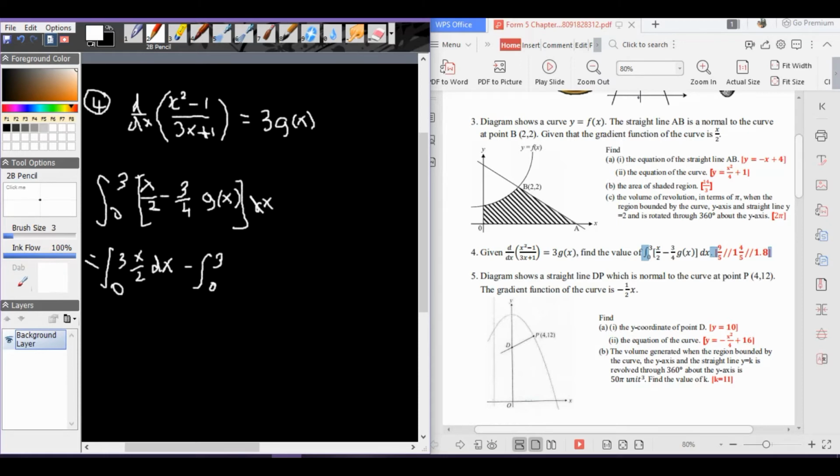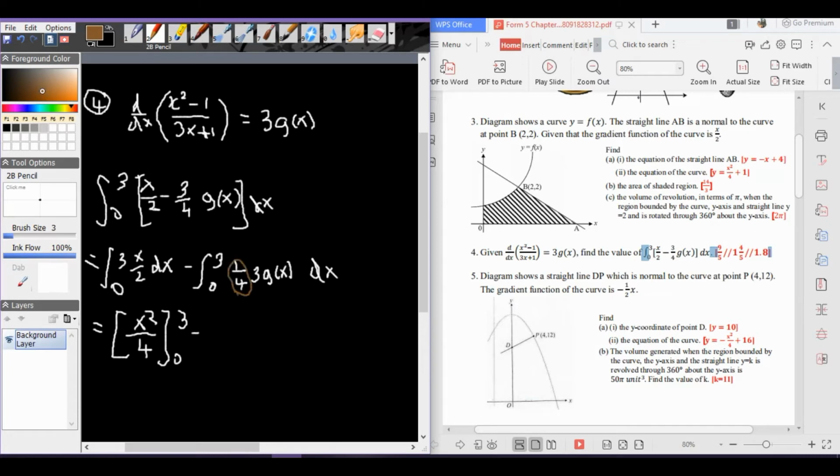Okay, for this one, you can separate them into 1 over 4 multiplied with 3gx. This is the same right with 3 over 4 gx because 1 over 4 times 3 equals to 3 over 4. Then dx. Okay, so this one, you integrate, you will have x squared over 2 times 2, so 4. 0 to 3.